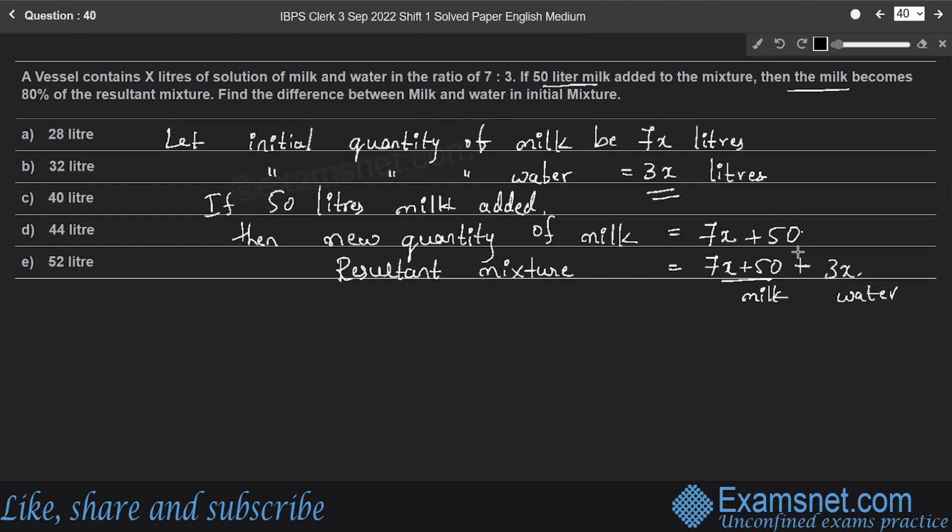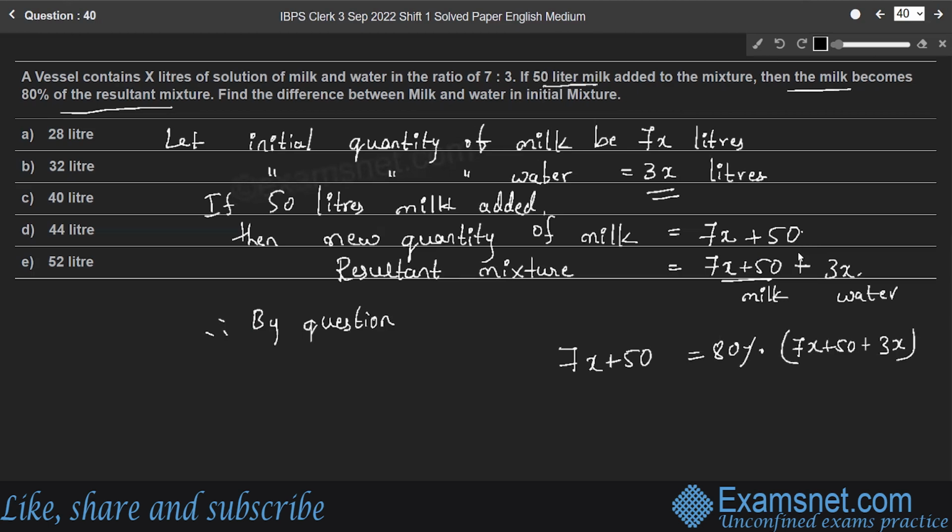So then new quantity of milk becomes 80% of the resultant mixture. Therefore, by question, new quantity of milk 7x plus 50 is equal to 80% of 7x plus 50 plus 3x.